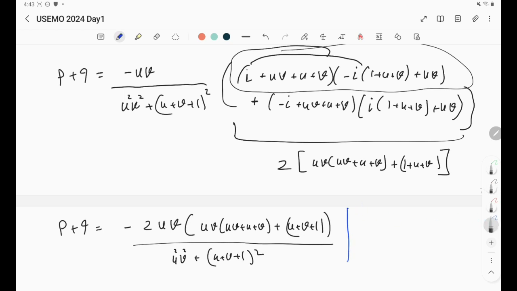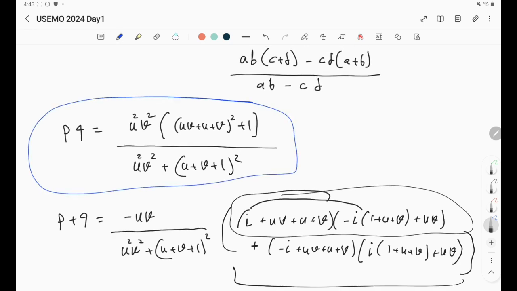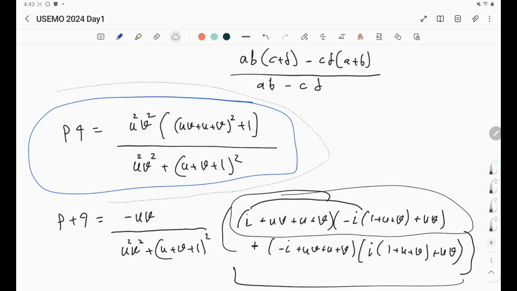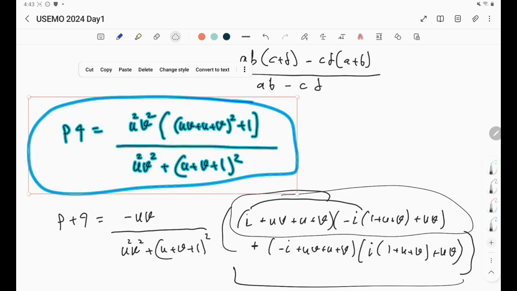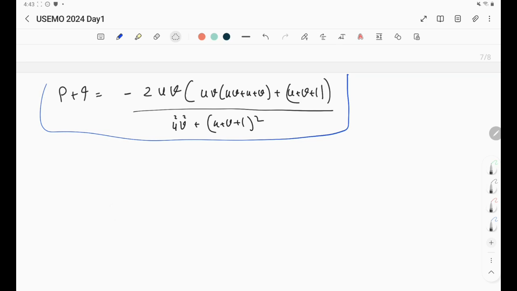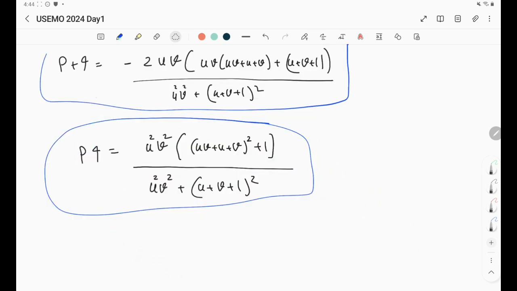Alright, so this thing is p plus q, and this thing is pq. Let's copy paste that so that they are next to each other, because now we will use them to find, remember, s, the coordinates of s.